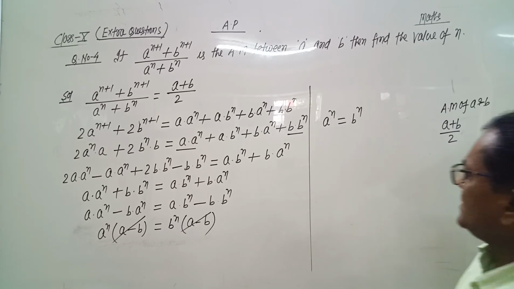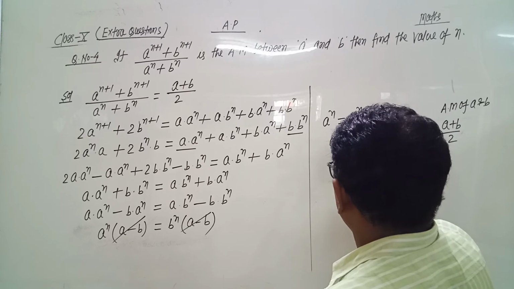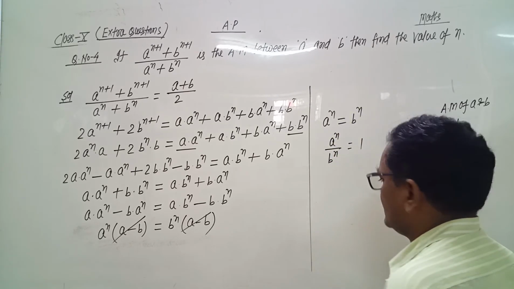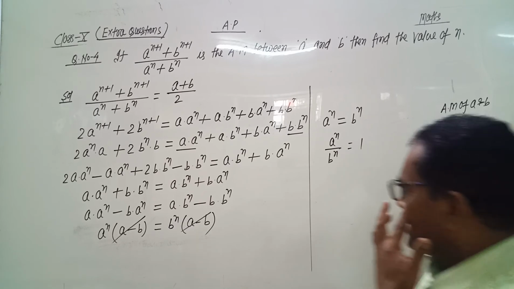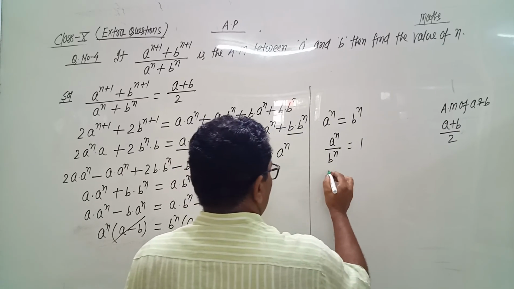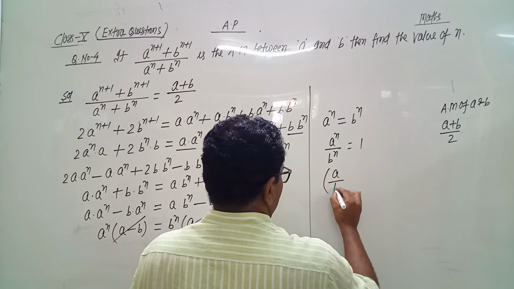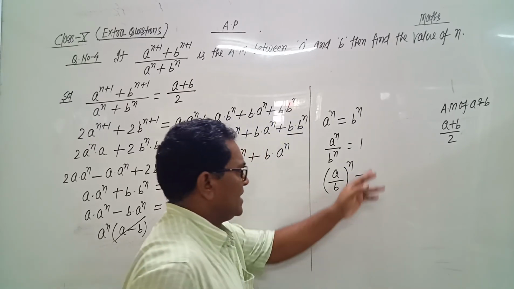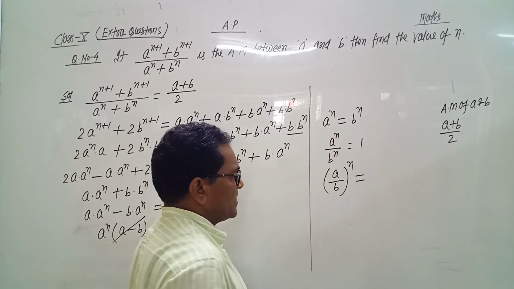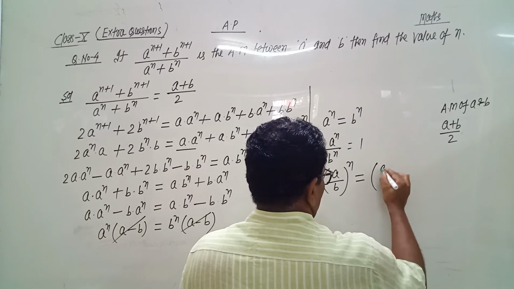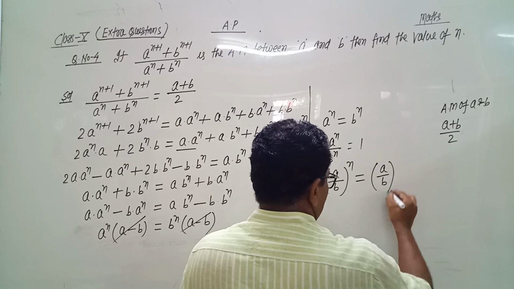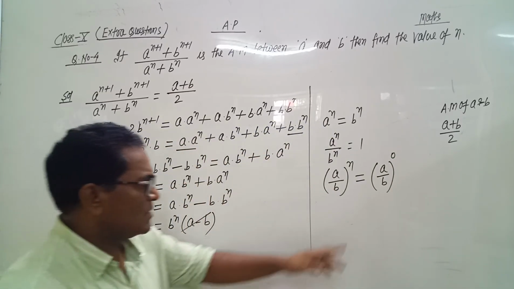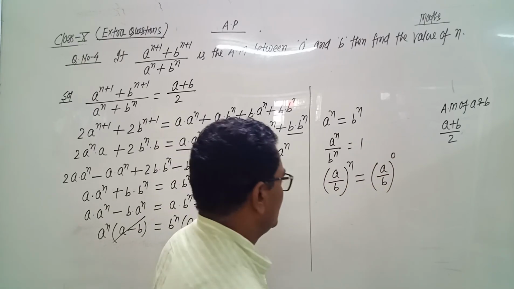and we can write a raised to the power n upon b raised to the power n equals 1, and this whole can be written as (a by b) raised to the power n. Instead of 1, we can write (a by b) raised to the power 0, because anything to the power 0 equals 1.